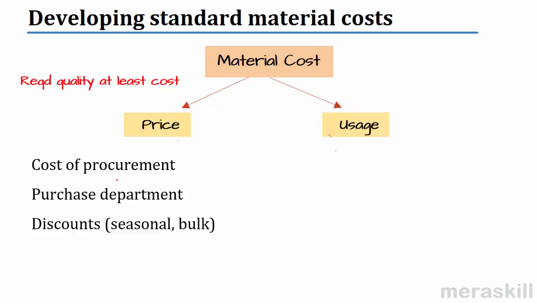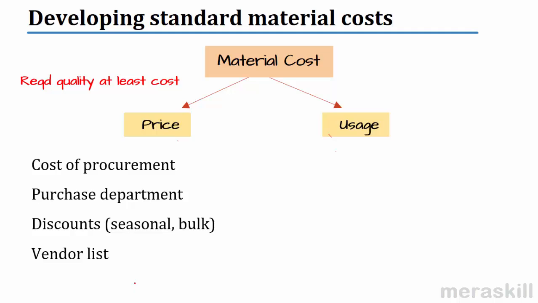And when a price is set, the standard is set, they take into consideration things like the discounts, maybe the seasonal discount, bulk discount, etc., to arrive at the average material price being consumed during that period. So here responsibility is fixed for the price variance. For the price component, it is the purchase department which would be accountable.